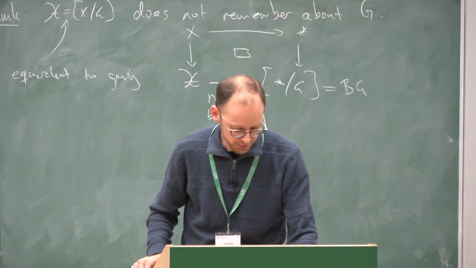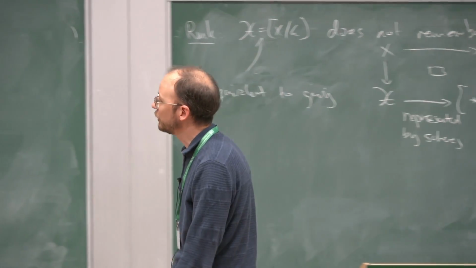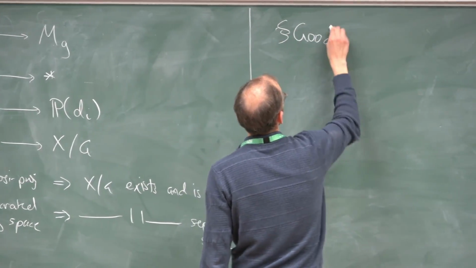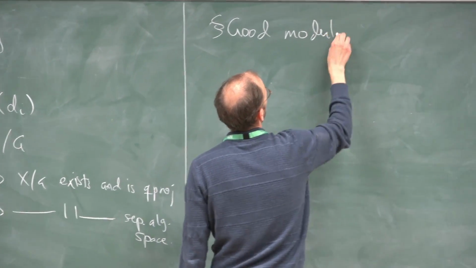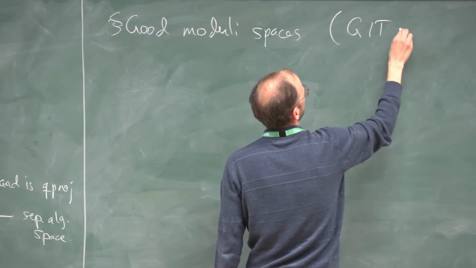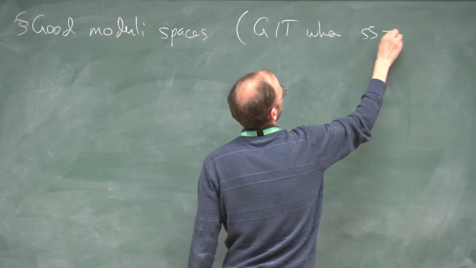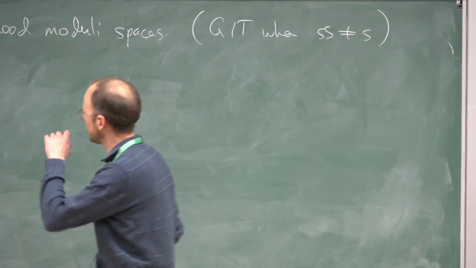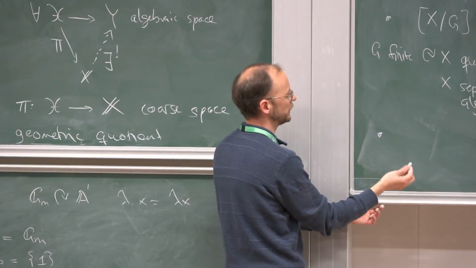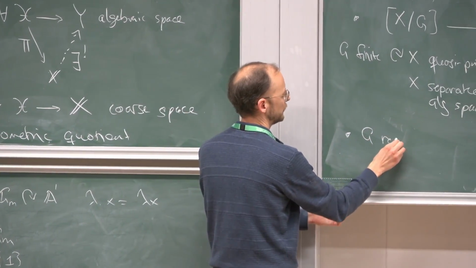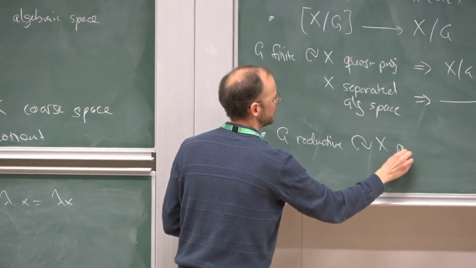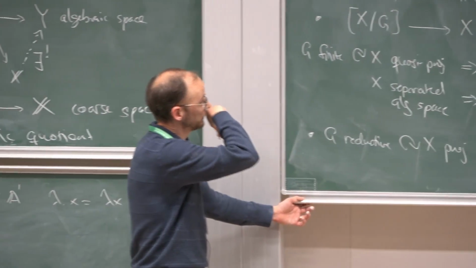All right, so let me go on to good moduli spaces. This is what's going to be related to GIT. Another example, when we have strictly semi-stable objects, would be G reductive acting on X projective, and you take the stable locus.